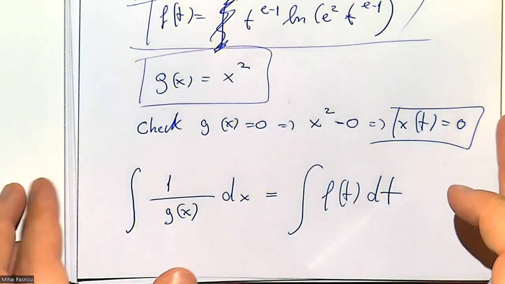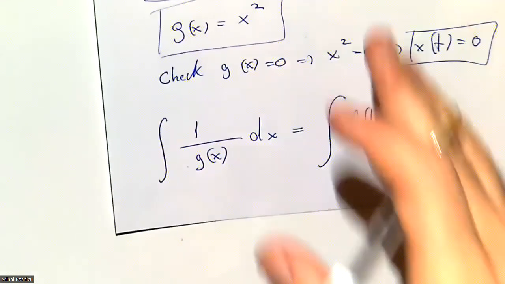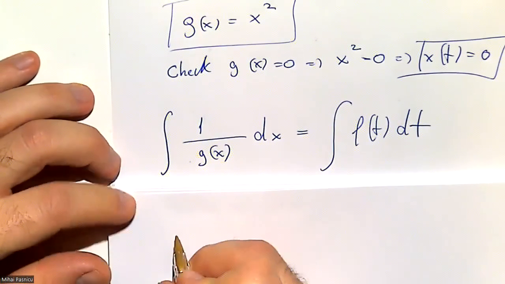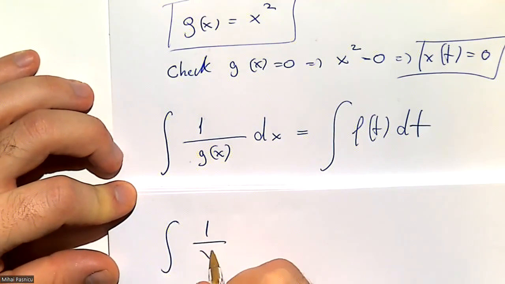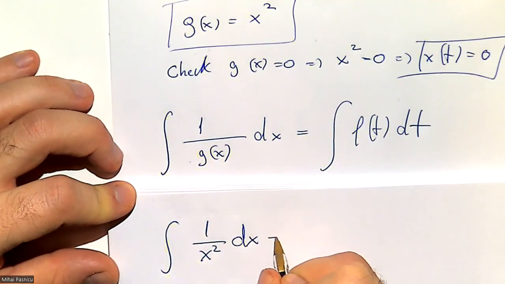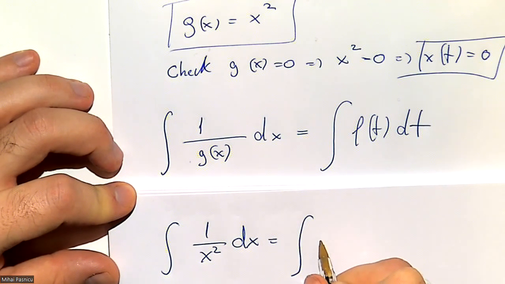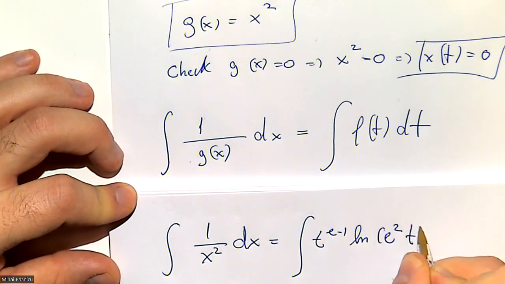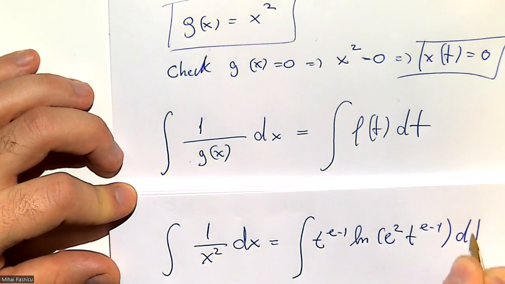Apply the formula. Replace g of x: integral of 1 over x squared dx is equal to the integral of something very ugly here, t e minus 1 ln e squared t e minus 1 dt.